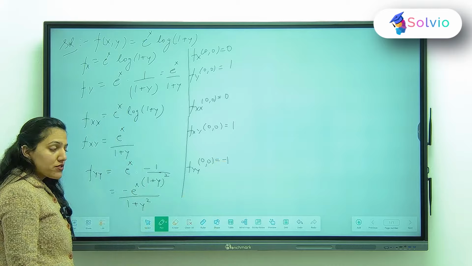Now we will substitute all the values in our Maclaurin's expansion. Clear?